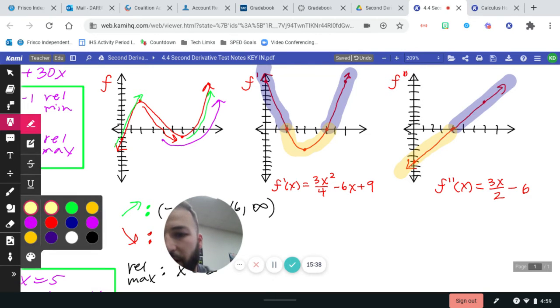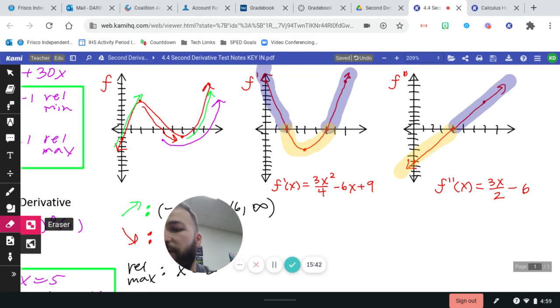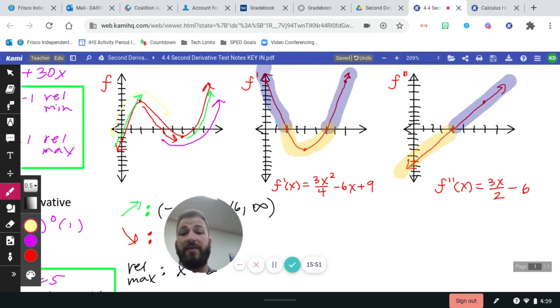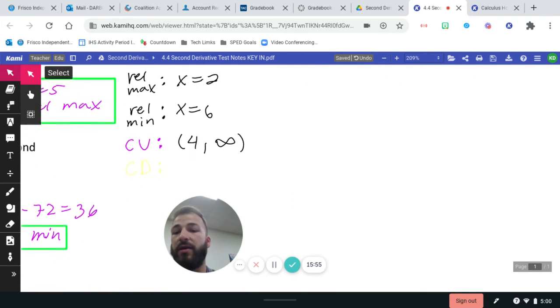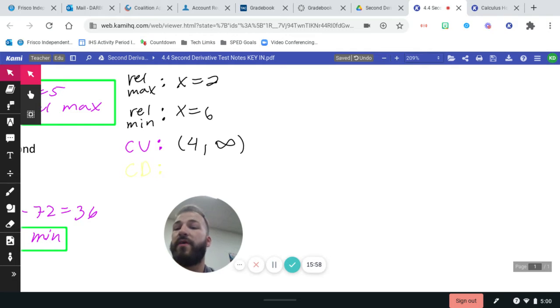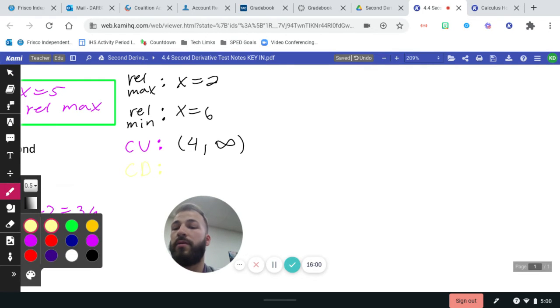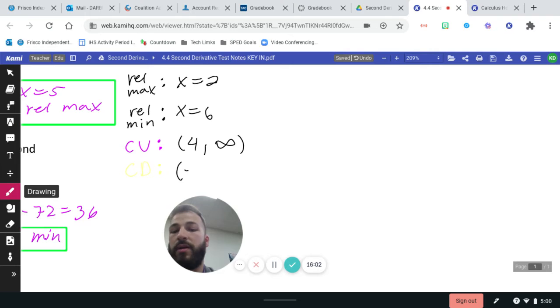And we can see over here on our graph, from that same value of 4 all the way to negative infinity, we do form that concave down, that upside down U shape on our graph. So down here, concave down from negative infinity until 4.